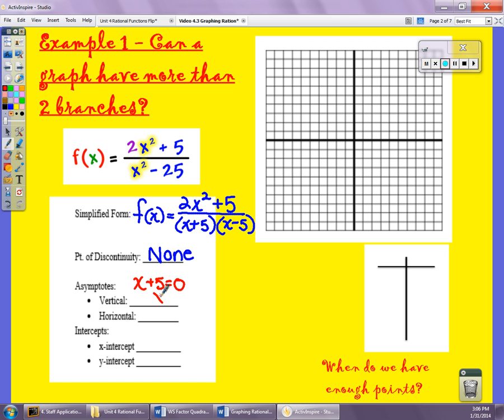Subtract 5 from each side, x equals negative 5. x minus 5 equals 0. Add 5 to each side, x equals 5. Let's place those vertical asymptotes on our graph. The first one at negative 5, and the second one at positive 5.